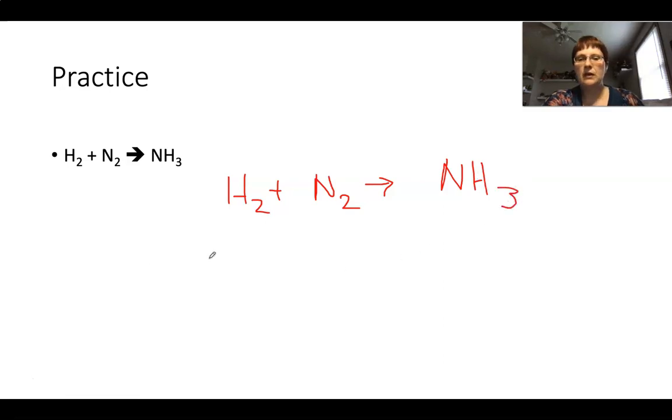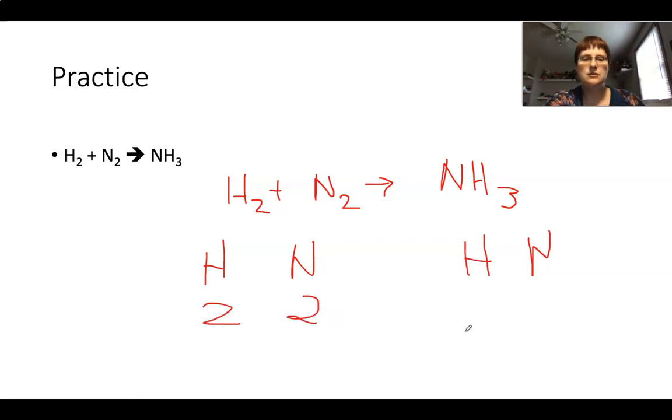All right, so the list for the atoms is pretty short. It's H and N, and keep them in the same order, H and N. So on this side, we have 2 of each, and on this side, we have 3 of this one and 1 of that one.